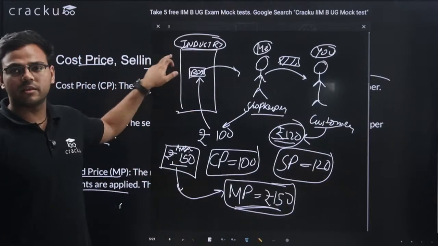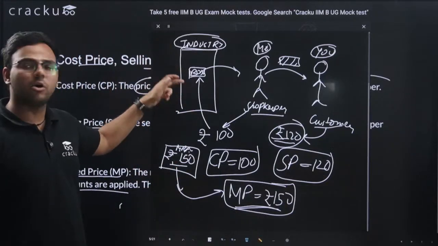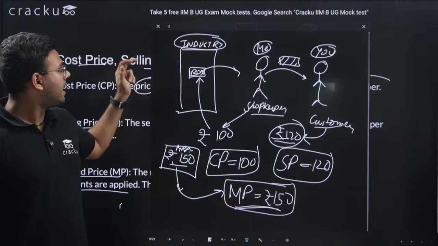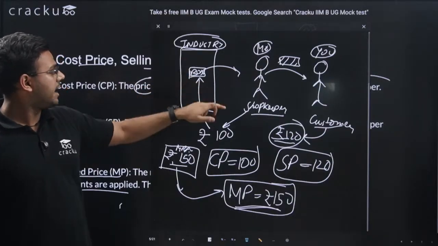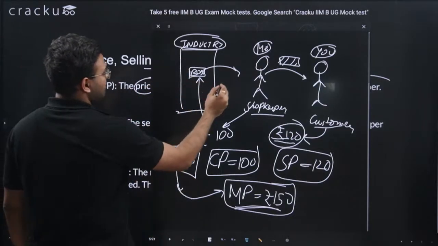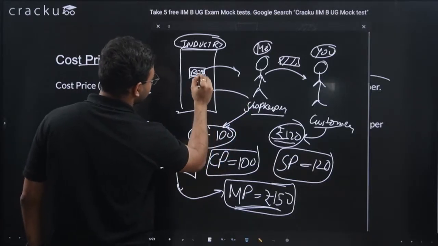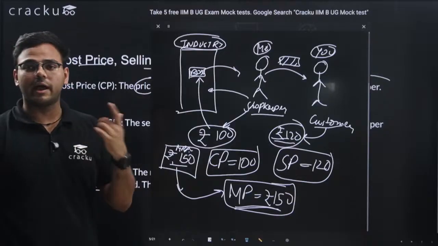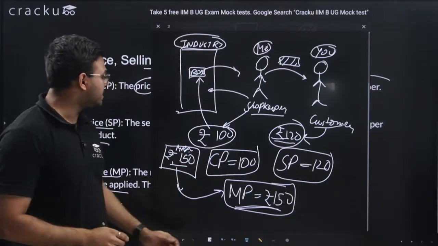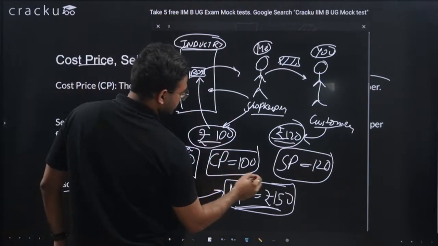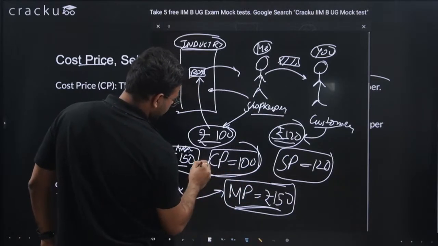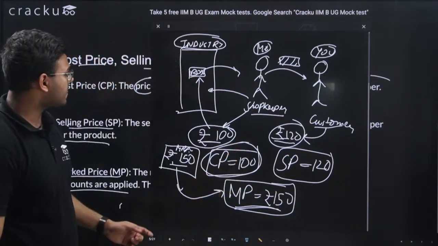The industry is where the item, a box in this example, is available. The amount I pay to the industry to get this box is the cost price, which is rupees 100.